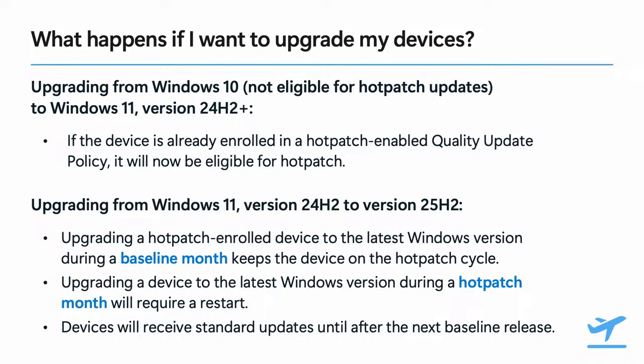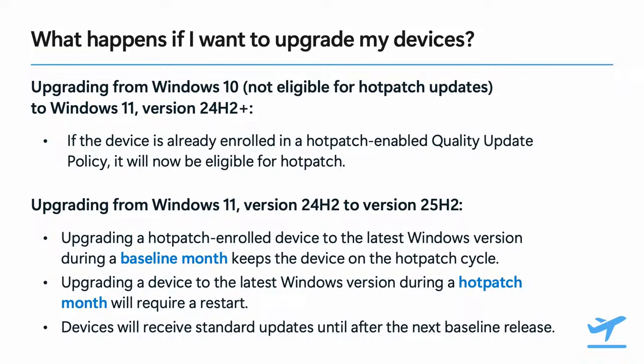The second scenario is upgrading from Windows 11 24H2, which is Hotpatch eligible, to Windows 11 25H2. If you upgrade that device during a baseline month, which already requires a restart, that upgraded device that is now on Windows 11 25H2 will receive a Hotpatch update the month after.